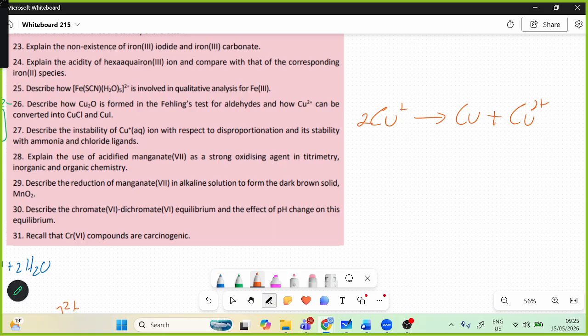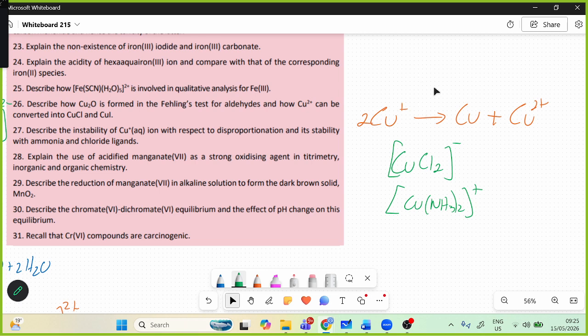In order to have a stable Cu+ ion, you can add either NH3 or Cl-, and you form either CuCl2- or Cu(NH3)2+. Indeed, this gives a stable Cu+ ion.